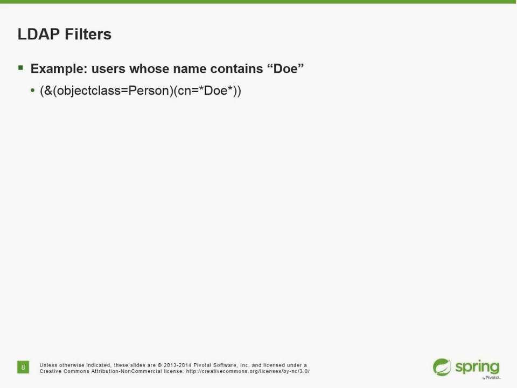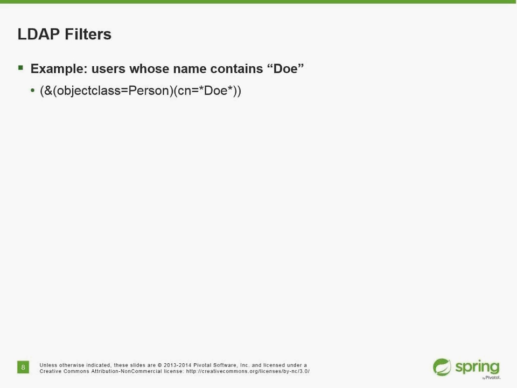Once again, if you have the distinguished name, you can look the entry up directly in the tree. But if you have some condition that you want to use to find users, you would need to use an LDAP filter.